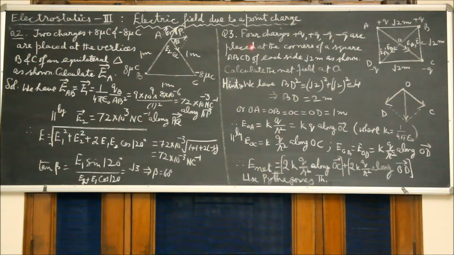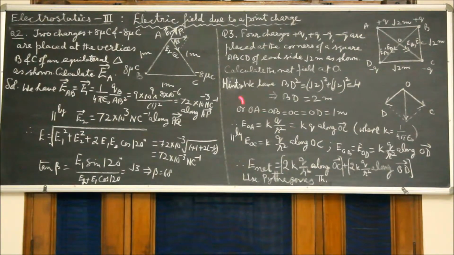Now question number 3, 4 charges plus Q, minus Q and minus Q are placed at the corners of a square ABCD of each side root 2 meter as shown. Calculate the net field at point O, the intersection of the diagonals of the square.